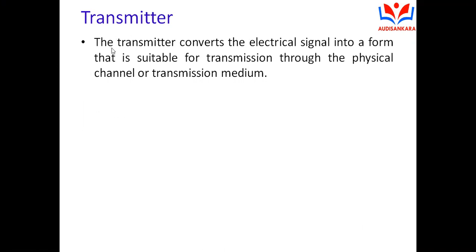Then the second point in the transmitter: not all types of signals have the capability to be transmitted over the channel. Based on what type of channel we arrange between the transmitter and receiver, we convert the input signal into a form suitable to transmit over the transmission medium. That function is done by the transmitter.